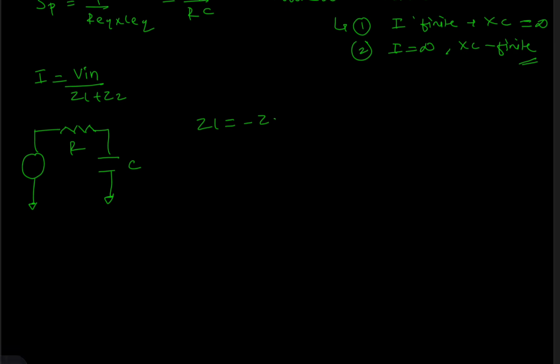Z1 should be minus of Z2, then this is 0, and then we get current as infinite. So from this I can write S p is equal to 1 by RC, like minus 1 by RC. Okay, so this was the first question.